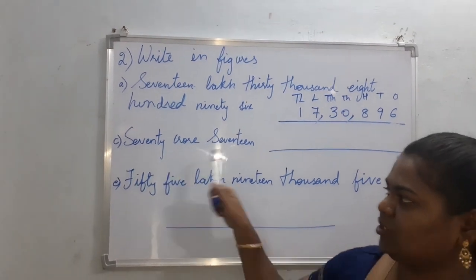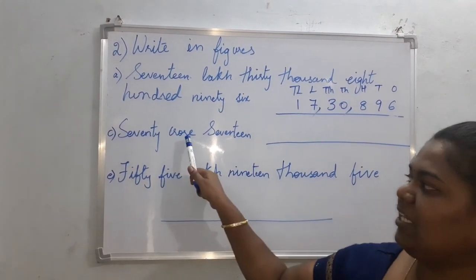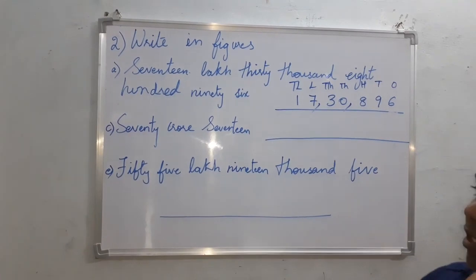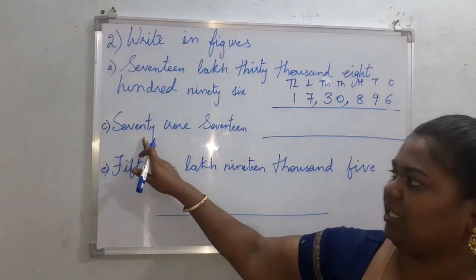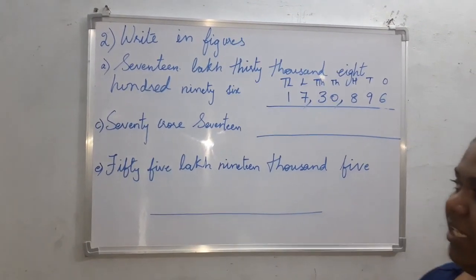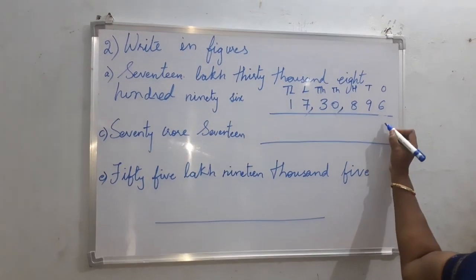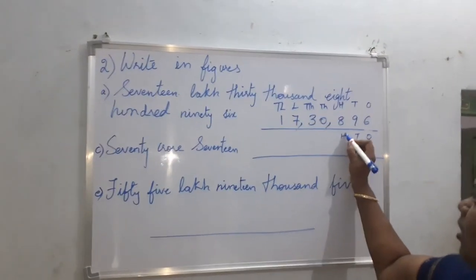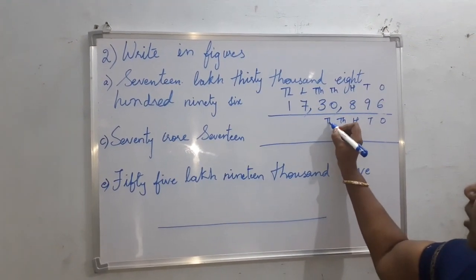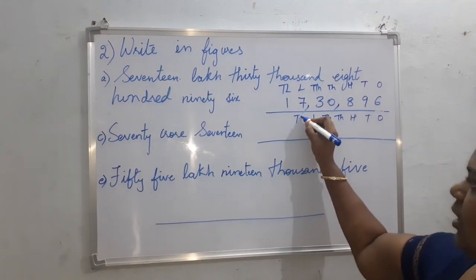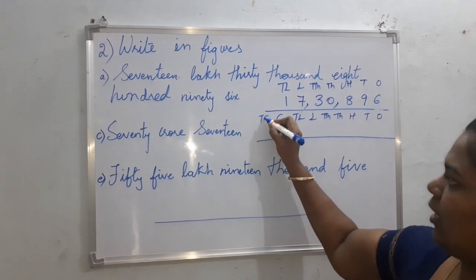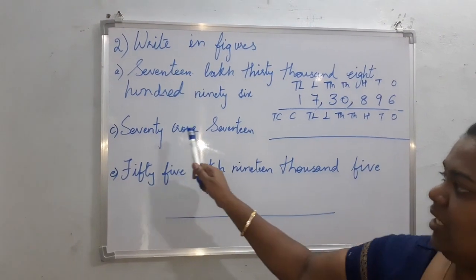The same procedure for the next two also. 70 crore, 17. So write your place value chart till 10 crores because 70 crores is a two-digit number again. So ones, tens, hundreds, 1,000, 10,000, lakhs, 10 lakhs, crores, 10 crores. 70 crore.